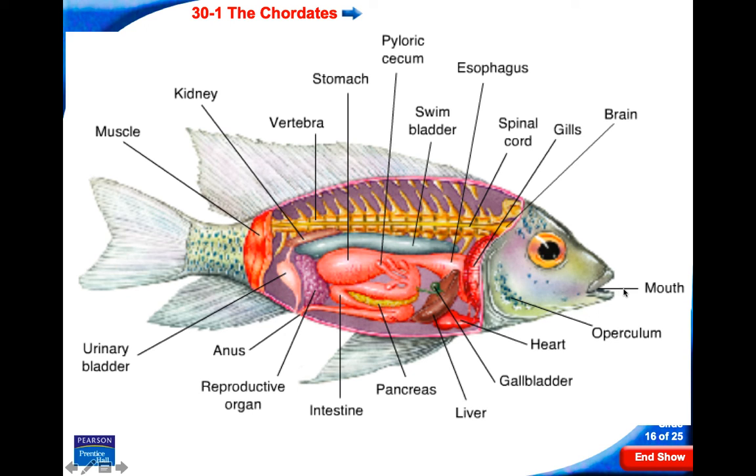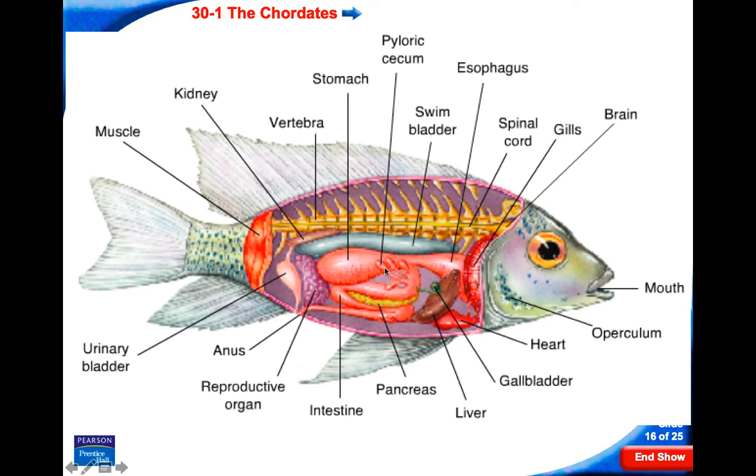So usually food goes in through the mouth, goes through a tube called the esophagus, and then makes its way to the stomach, which is right here. Now, in fish, there is something that you can see here called a pyloric cecum, and ceca or cecum. These are little finger-like pouches.